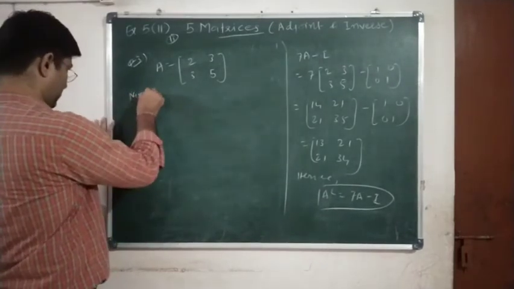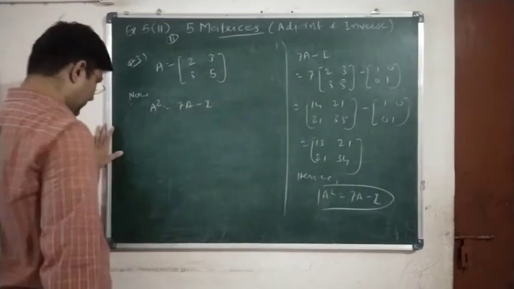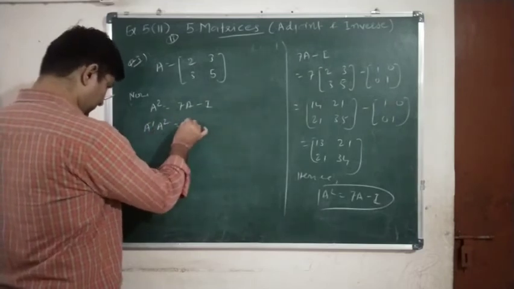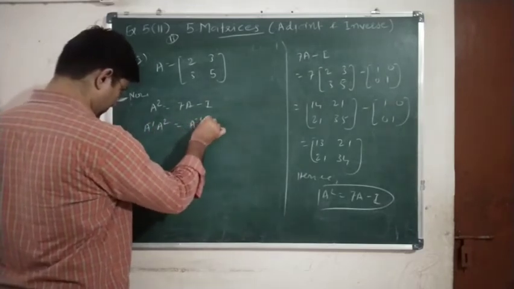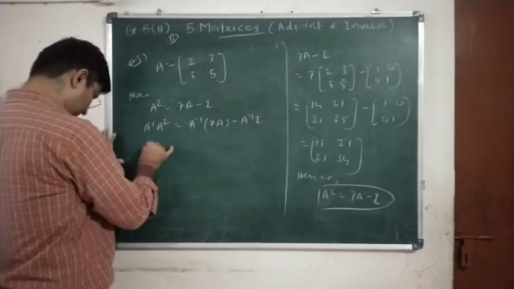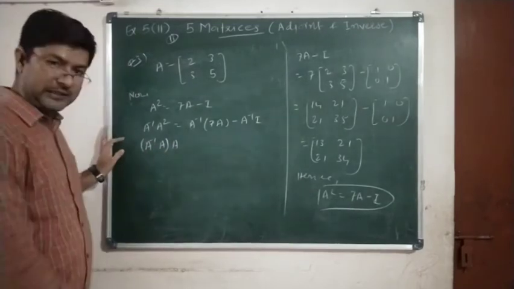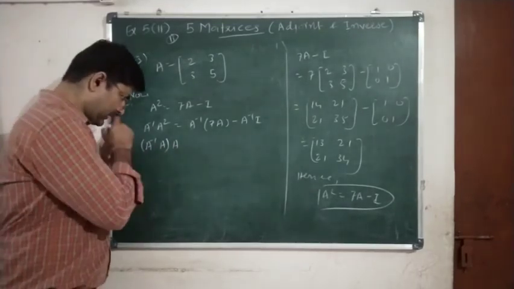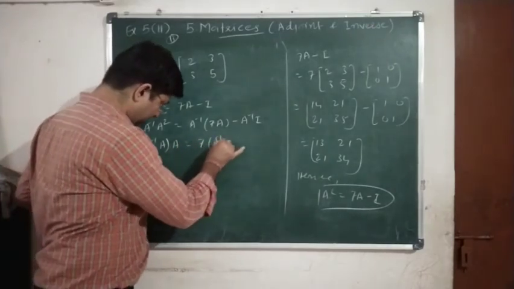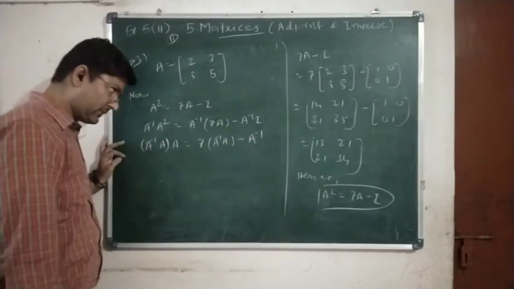Okay, now we have A square is equal to 7A minus I. Let us multiply by A inverse. Now A inverse A square can be written as A into A, and using associative property we will write A inverse into A, and outside A again here, 7 A inverse into A minus A inverse into I is equal to A inverse.